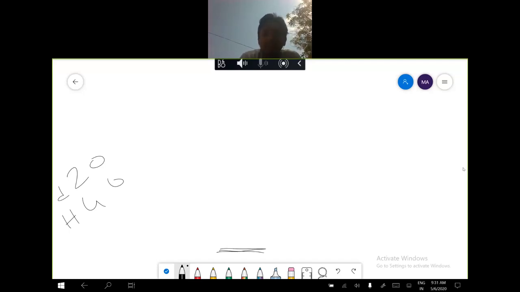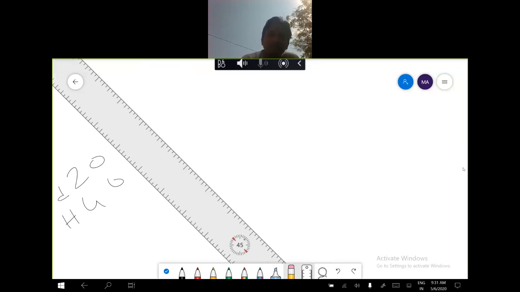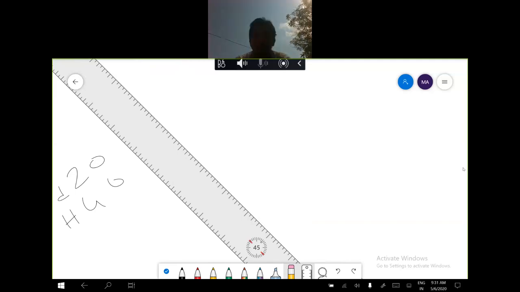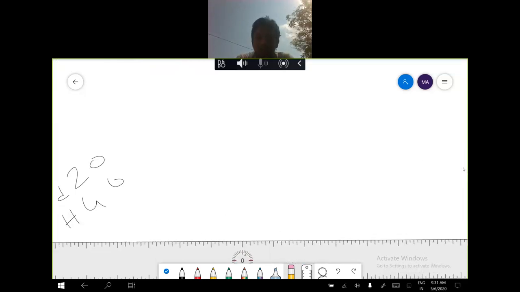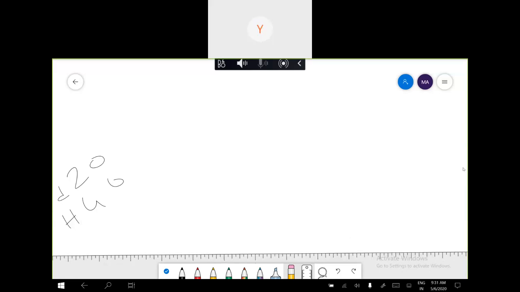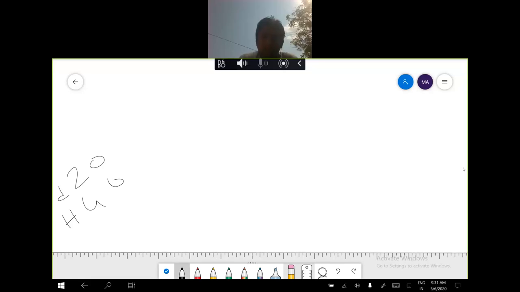Okay, first, he has given a diameter of 20 and axis height of 40, so I'm considering that here. I'll take a scale and draw one horizontal line.